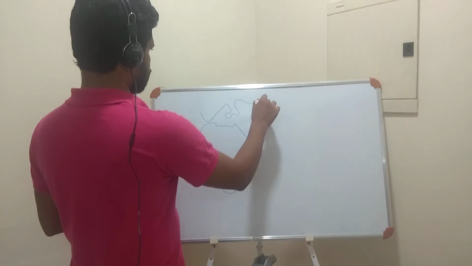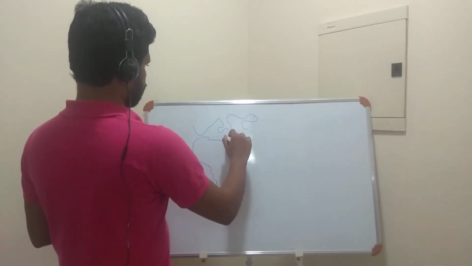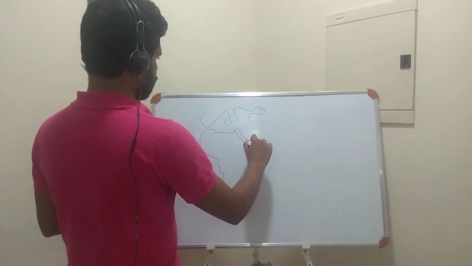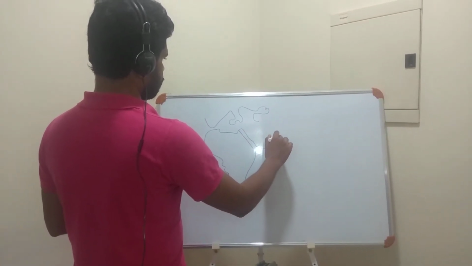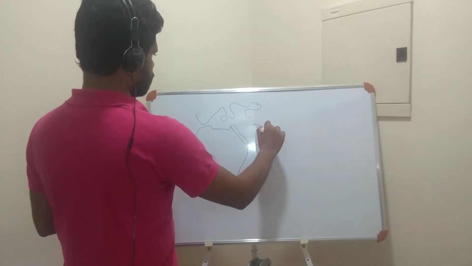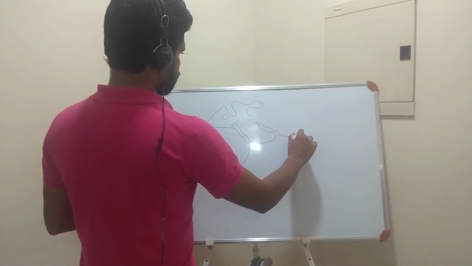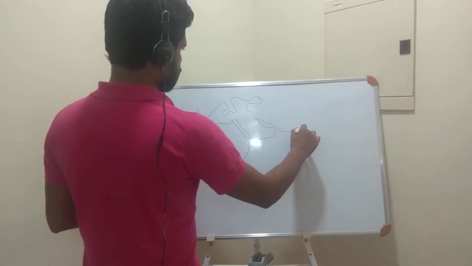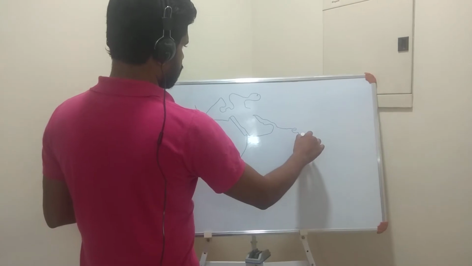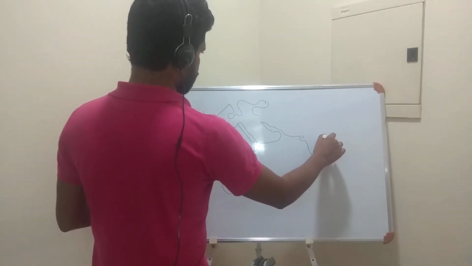Then here is the Red Sea part. Here you have Turkey, and if you come here, this is the Arabian Peninsula part. This is the Persian Gulf. Moving further, you can see the Gujarat region here, the Indian subcontinent here, and moving to this side, you see the Myanmar region.